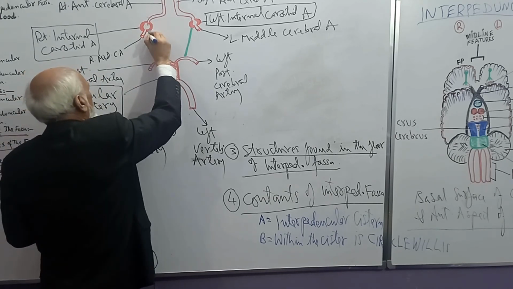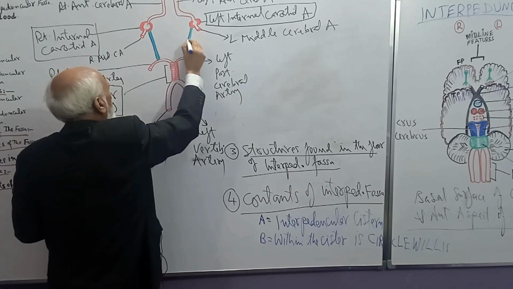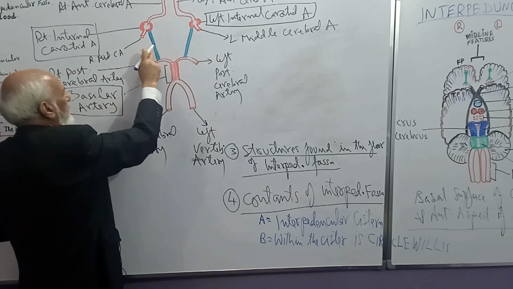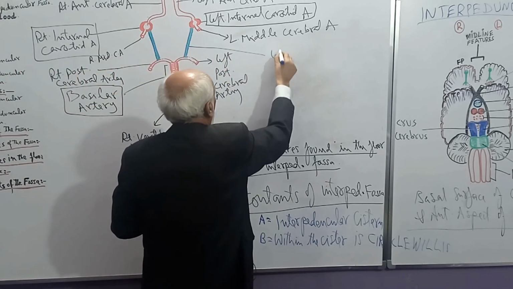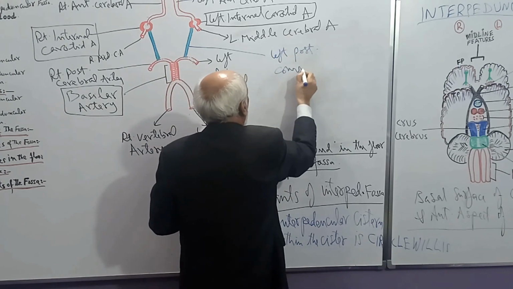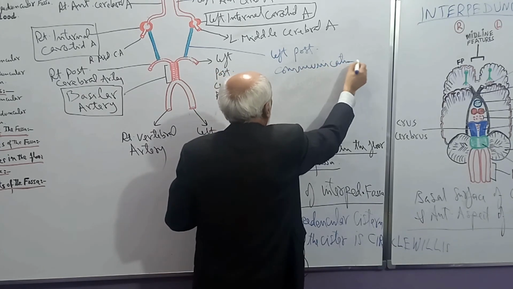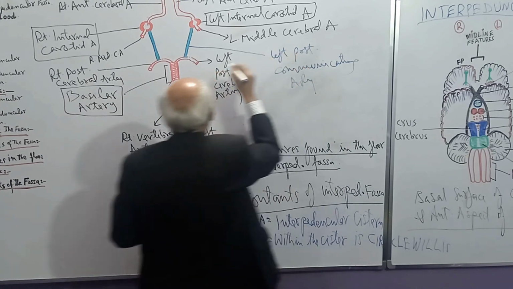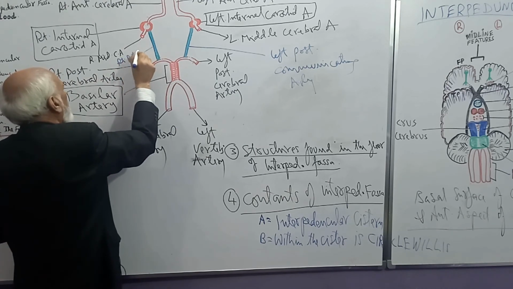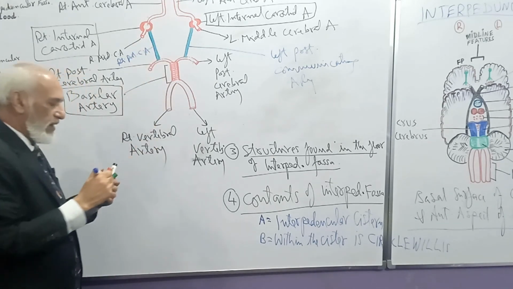This is the posterior communicating artery on each side. This is the right posterior communicating artery, and this is the left posterior communicating artery. Now these are the right and left anterior cerebral arteries.